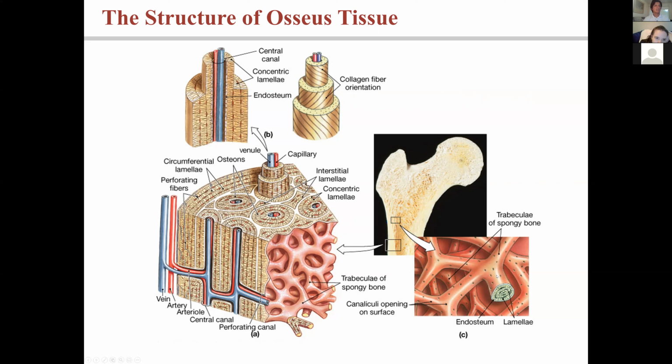As you can see, this exterior is going to be the endosteum, and this endosteum contains the progenitor cells as well as osteoclasts.